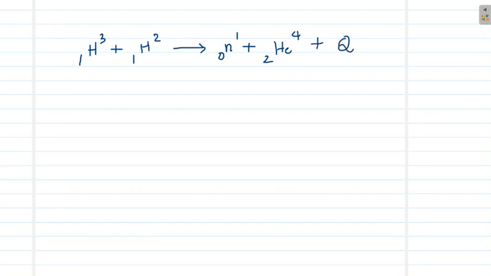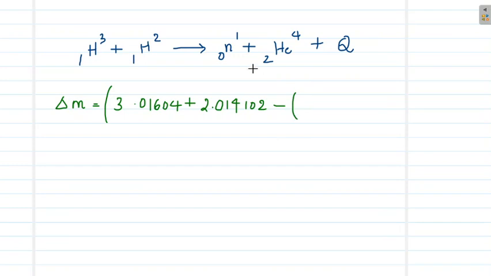How will you calculate the total amount of energy released in this process? First of all, calculate the difference in mass. The initial mass that we have is 3.016049 plus the mass of deuteron, which is 2.014102. These are the masses of tritium and deuteron, minus the masses of the final particles, the helium and the neutron.